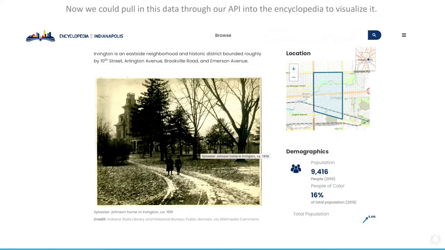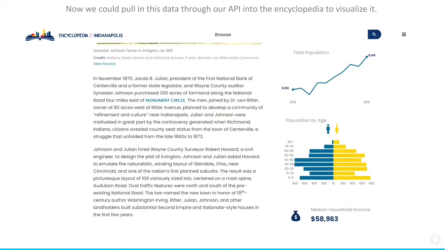So this is a neighborhood entry, Irvington. This is where I live. And if you scroll down, you see a map of that neighborhood and some demographics. And I think the next slide keeps scrolling. The map is important here because this is the exact polygon of how people consider the neighborhood, but then the data doesn't always quite match that because of census geographies, right?